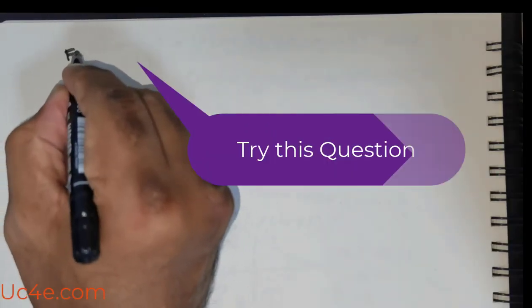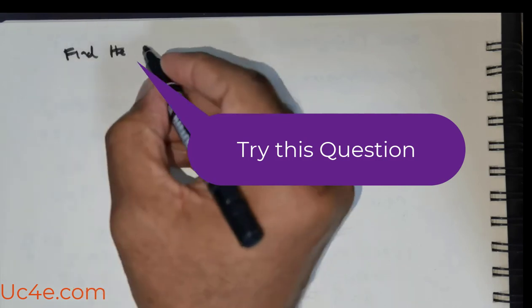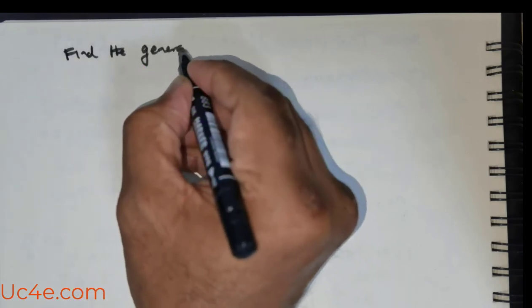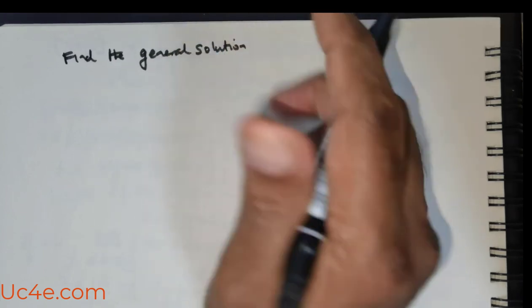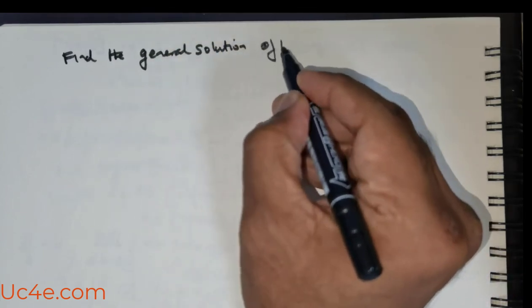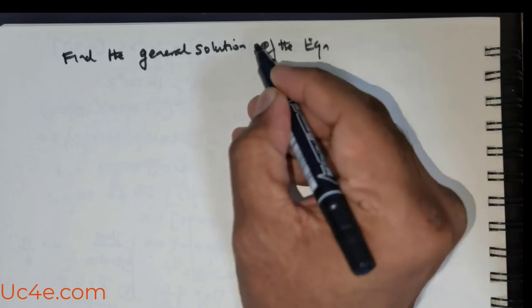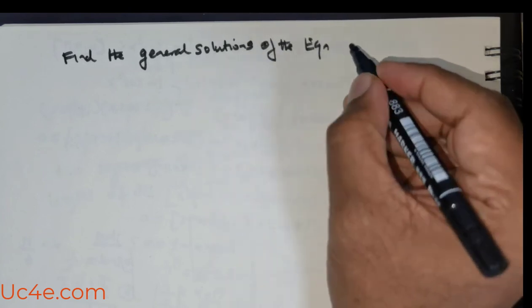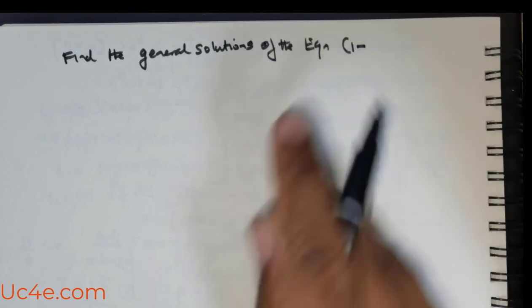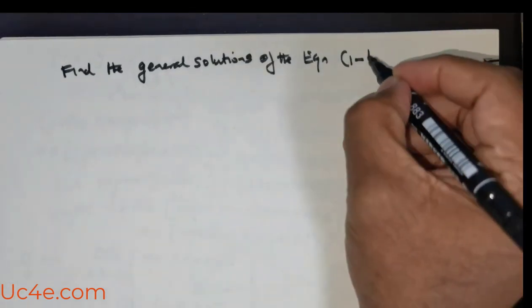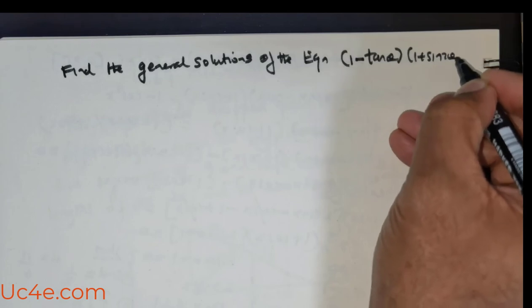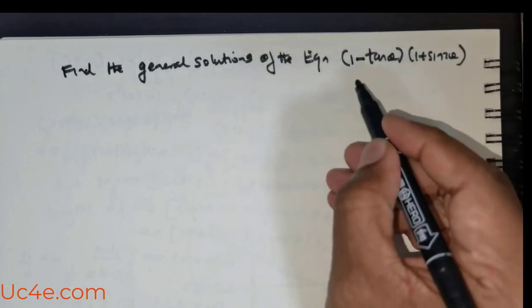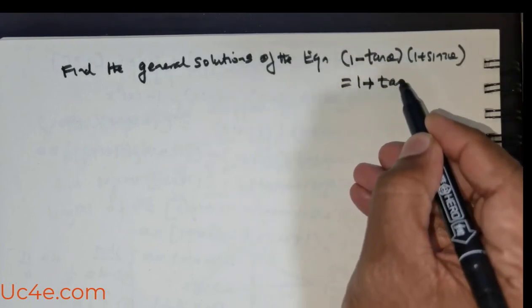Let's do this question, students. We are expected to find the general solution of the equation (1 - tan theta)(1 + sin 2 theta) = 1 + tan theta.